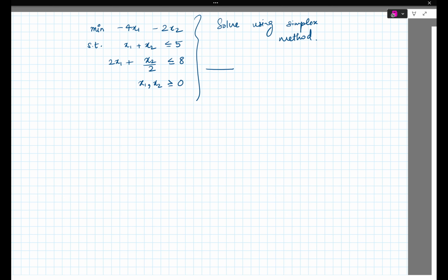If you write the standard form, the objective will stay the same because these variables are already positive. We will add a slack variable, right?